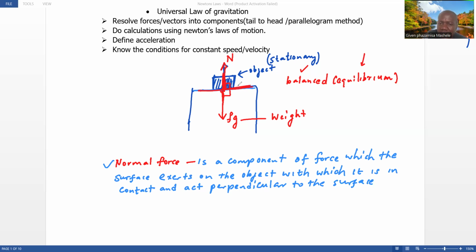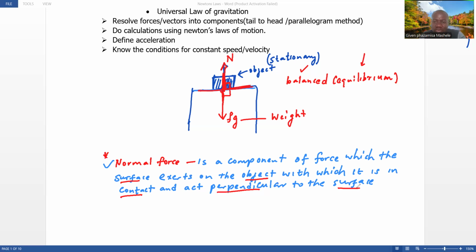And this force is perpendicular, which means it forms an angle of 90 degrees. Then that force is called a normal force. So a normal force is a component of a force which the surface, you see, it is the surface that is exerting on the object with which it is in contact. So they should be in contact and do what? Act perpendicular to the surface.